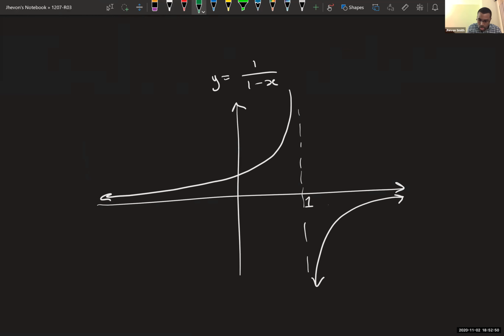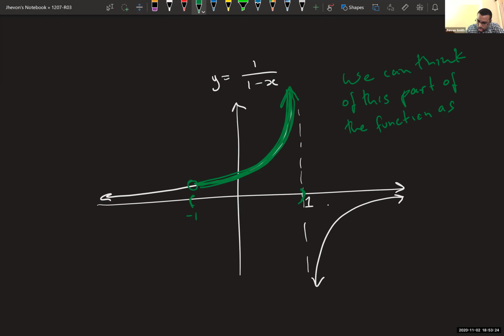So basically, I know between -1 and 1, which means it's this part of the function right here, we can think of this part of the function as an infinite series.